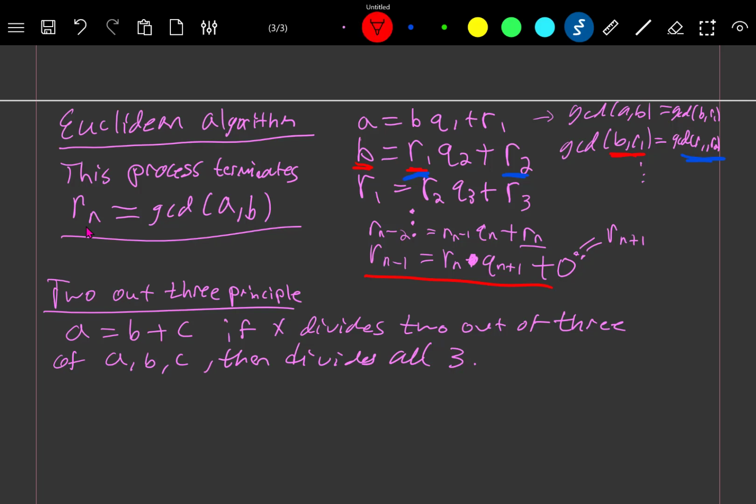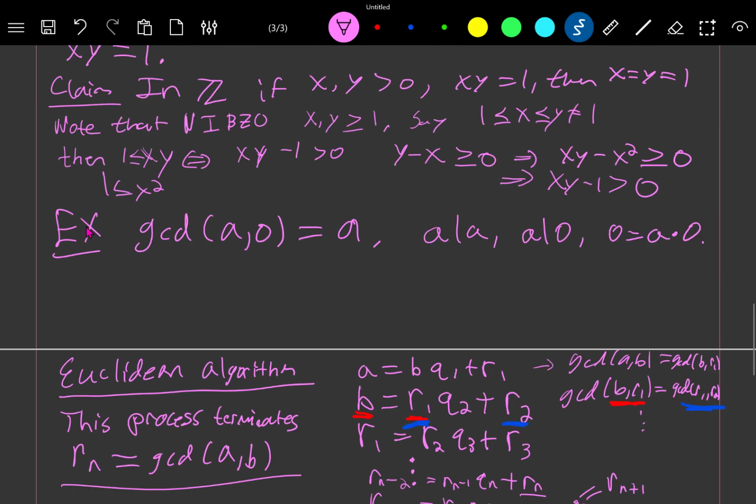So if we apply that down here, we'll see that the GCD of R_{n-1} and R_n is equal to the GCD of R_n and 0.